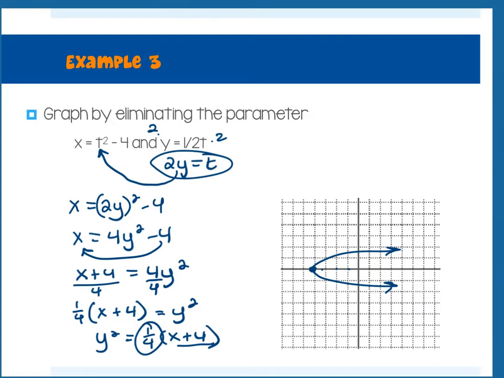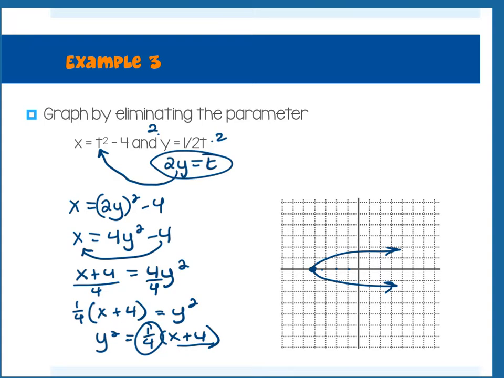And then again, you can always use your graphing calculator to check it by plotting the original or the new one. For the new one with y squared, a lot of our calculators don't do the y squareds. So you would go back to the beginning, which is just t squared minus 4, and then 1/2 t. And then you'd hit graph, and don't restrict your domain.